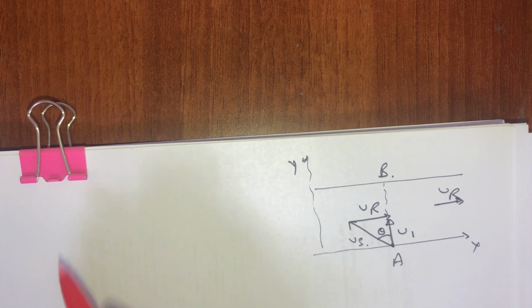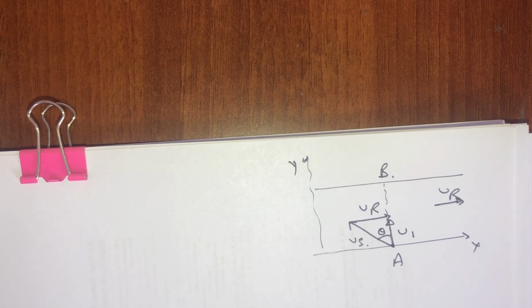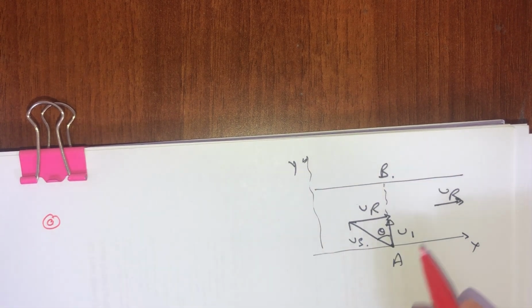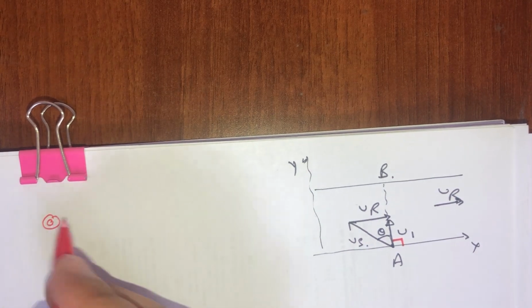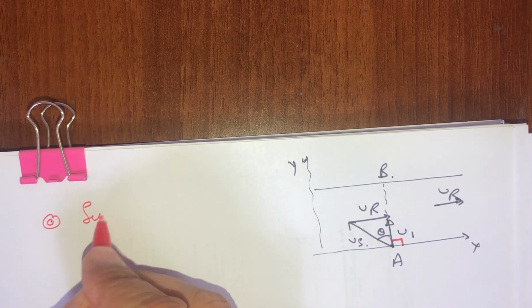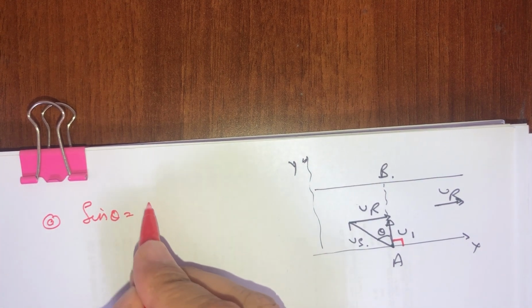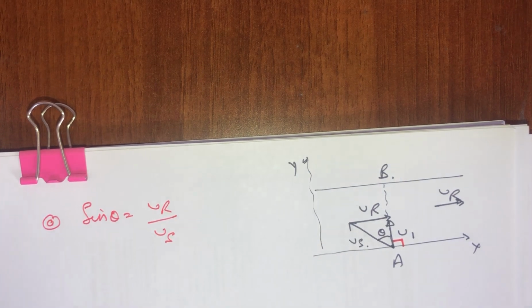So in this case we can directly use the trigonometric formula to find the angle, and we also know that this is 90 degrees. So sine of theta will be equal to VR, the velocity of the river, divided by Vs, the velocity of the swimmer.